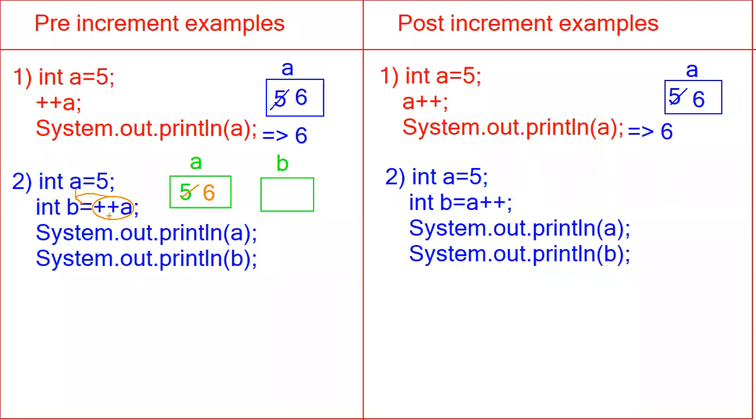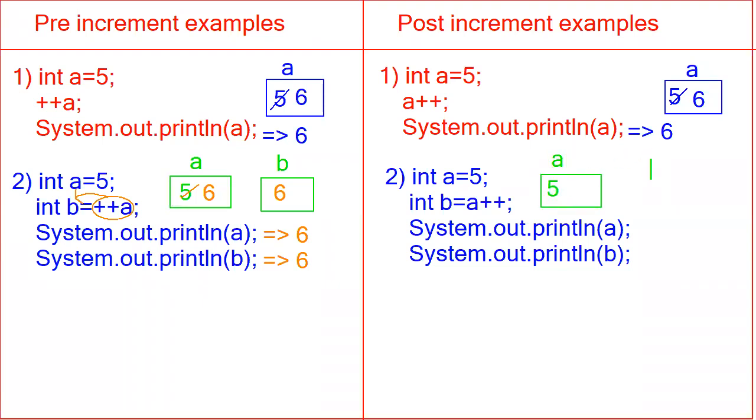So first pre-increment, first increments, then stored in b. So b value is also 6. Here if you print, output is 6, and here also 6.